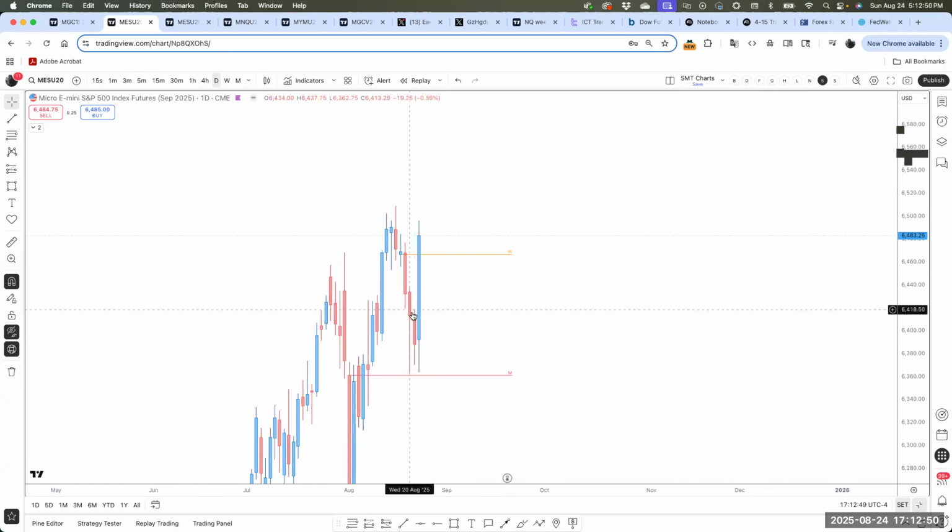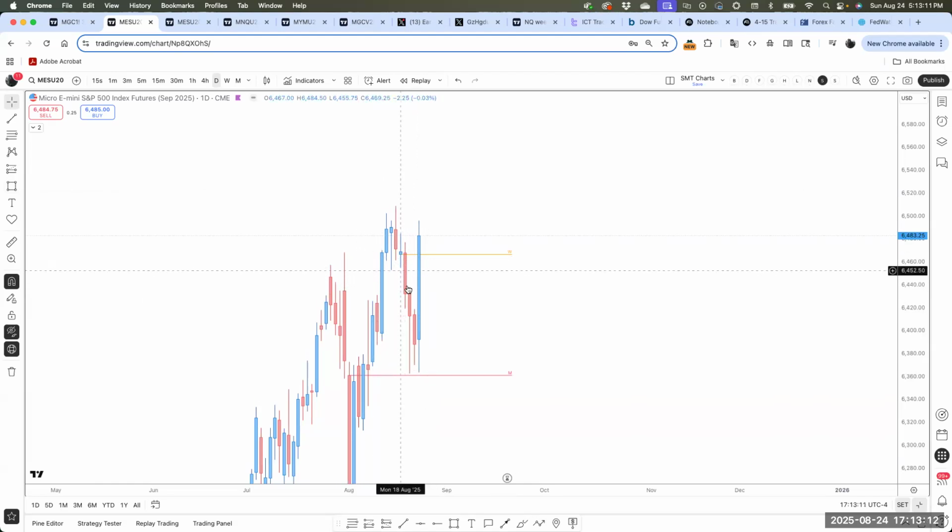You will see that on the lower time frame. But still a huge body on the daily, so the likelihood of us selling off is not that high right now, because now this is inverted and it's bullish again, actually.